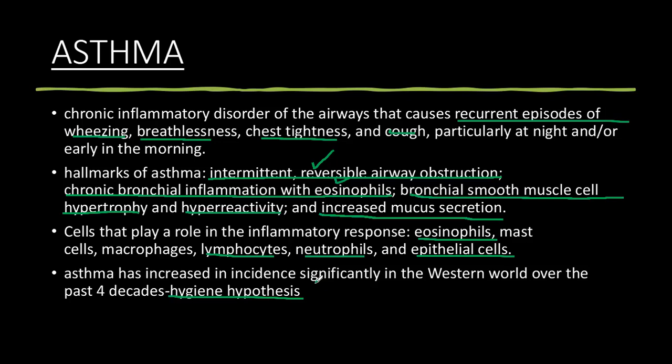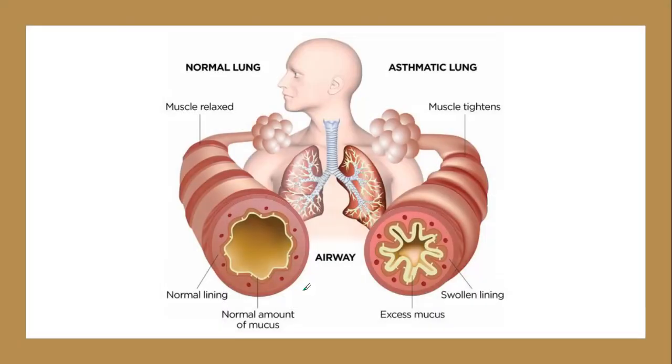So once exposed to harmless antigens, the immune system overreacts. So there is a hypersensitivity reaction. That has been said to be the reason why there's an upward trend in the number of cases of asthma in the Western world.